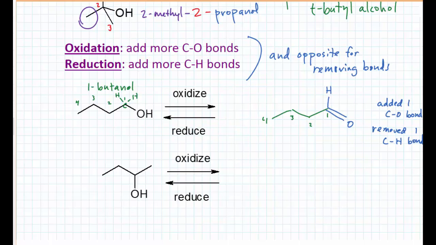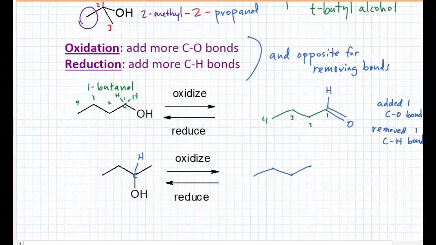The reduction involved removing the C-O bond and adding a C-H bond. In this case, this carbon, how many H's are on this carbon that I drew? Yeah, it's just 1 H. You can draw it like that.